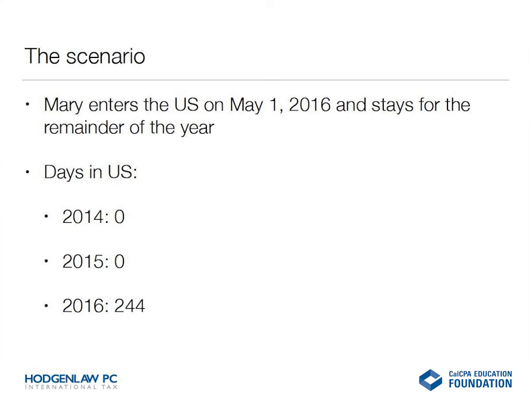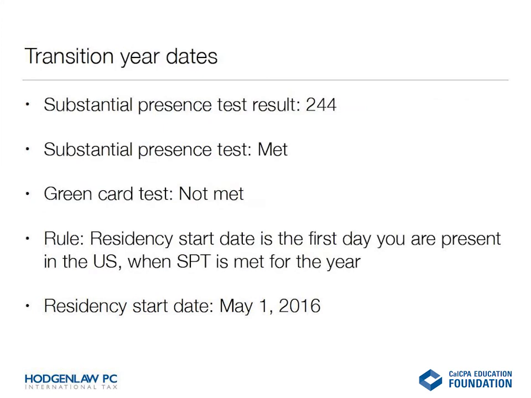We're going to assume she has not applied for permanent residence, isn't getting a green card, so we're just looking at the substantial presence test. And if you recall from the first year rule for the substantial presence test, her residency start date is going to be the day that she enters the U.S. So her first day of U.S. tax residency is May 1st, 2016.